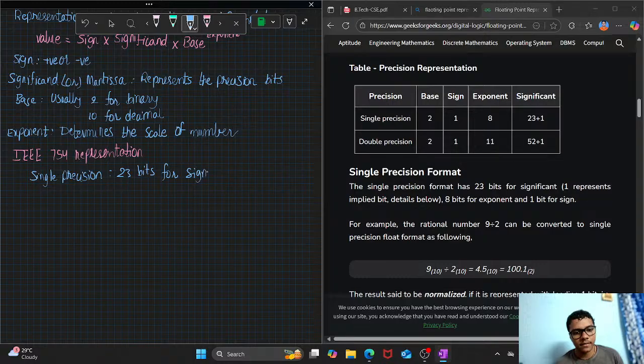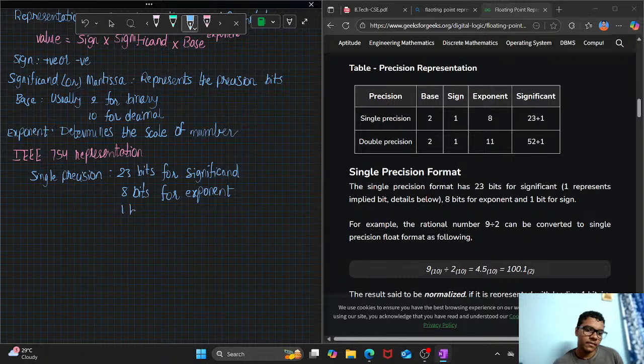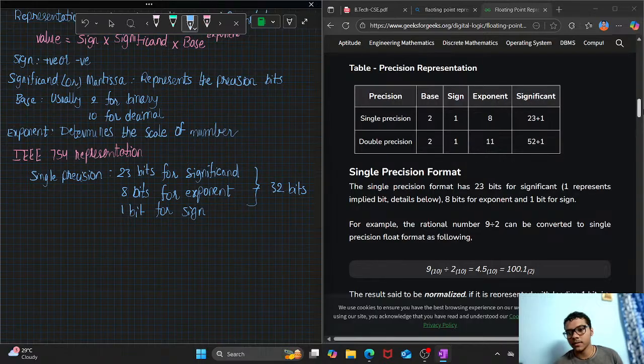For significand. And 8 bits for exponent. 1 bit for sign. This is how single precision works, and the total is 32 bits.